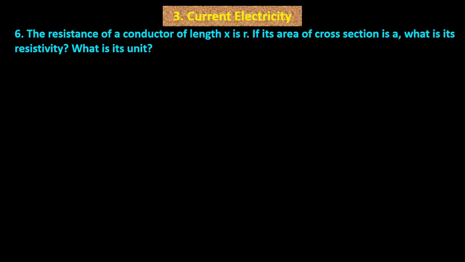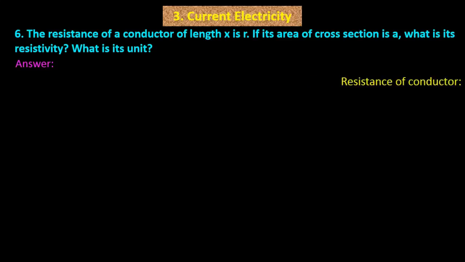Question number 6. The resistance of a conductor of length x is R, and its area of cross section is A. What is its resistivity? What is its unit?